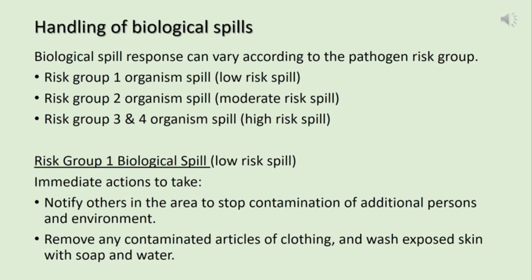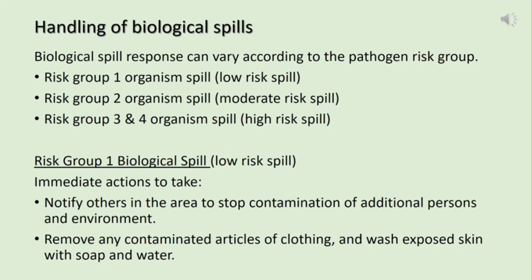When you're handling biological agents, you should also know how to handle biological spills, that means if a spillage occurs from a particular biological agent. The biological spill response depends on the pathogen's risk group. Remember, I mentioned earlier that biological agents are classified into different risk groups. If it is a risk group 1 organism spill, we consider it a low risk spill.